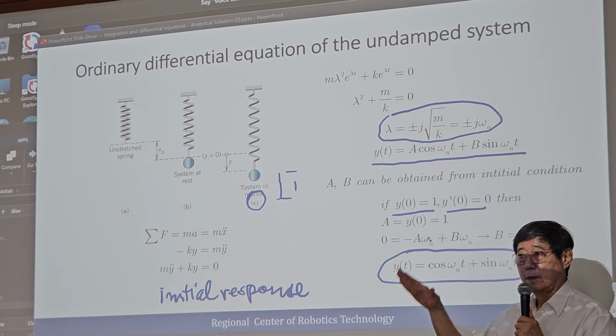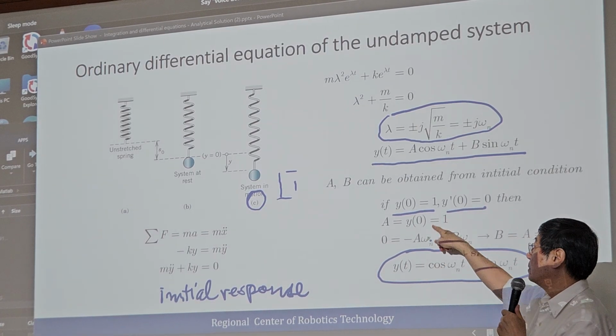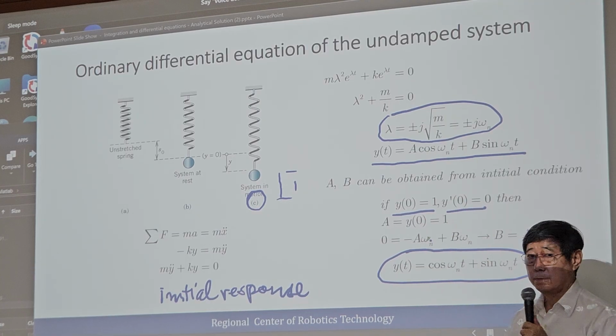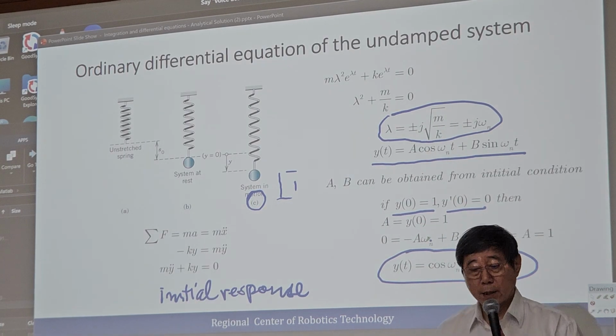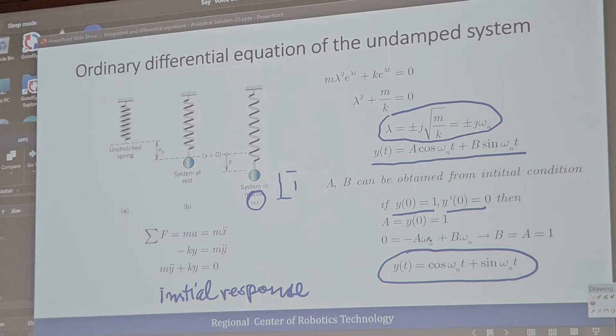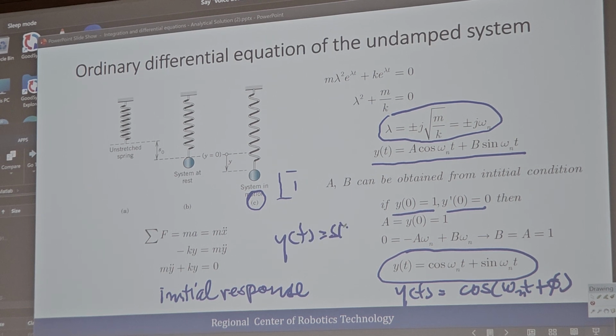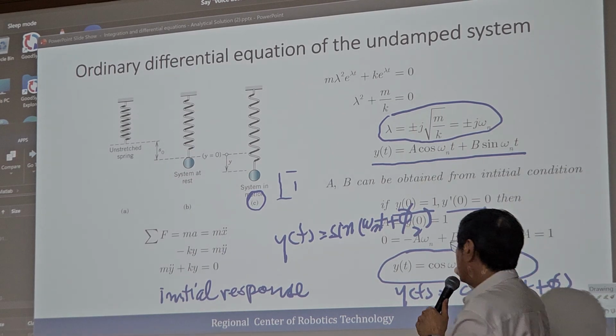You solve this and you have this. In this case, you can also write it in terms of cos omega n t plus phase 1, or y equals sine omega n t plus phase 2. You can also rewrite it into this form.